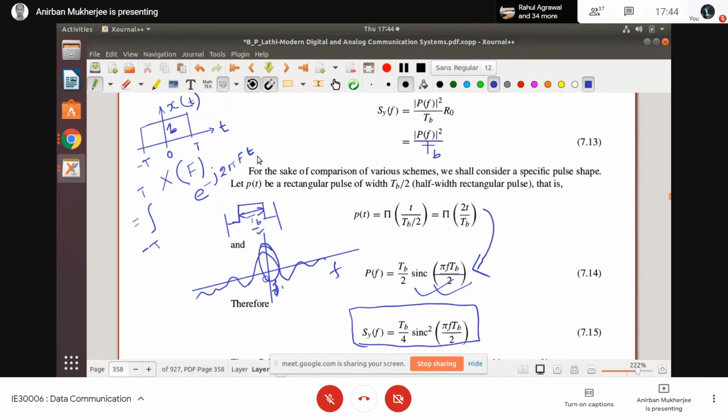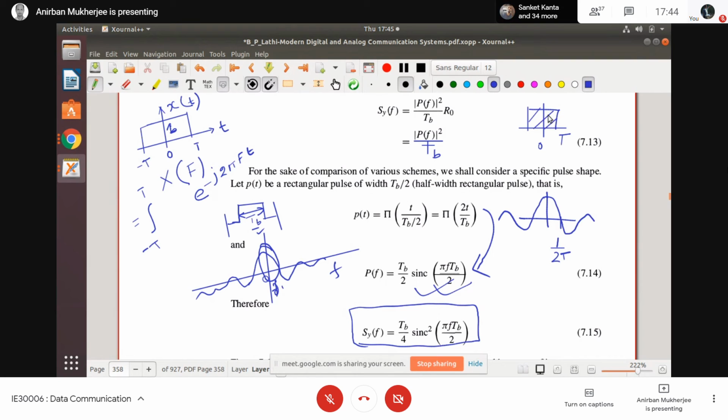If I integrate, you will find that you get a sinc type of function. Just remember, if I have a rectangular pulse from minus T to T, I will have a sinc type of function.